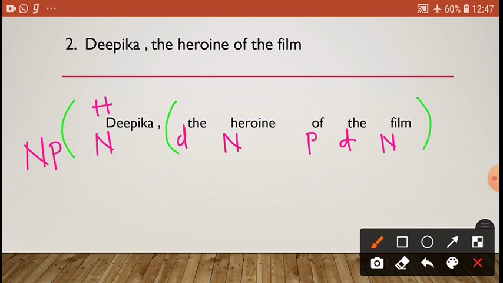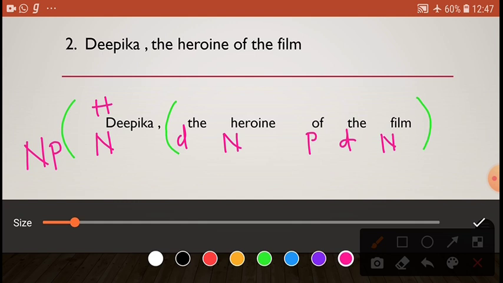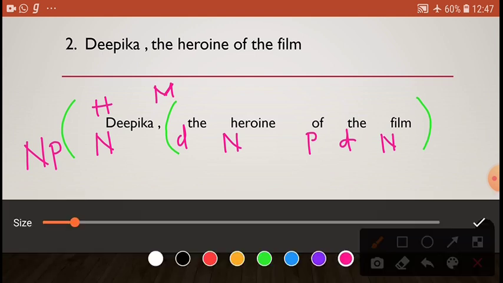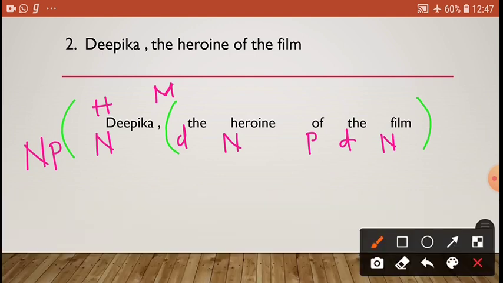This is the phrase that functions as modifier here. Now, which is the head word in this phrase? Yes, it is heroine. Heroine is the head word. So, put head as a function to the word heroine. Now, this the functions as modifier, all the determiners function as modifier.